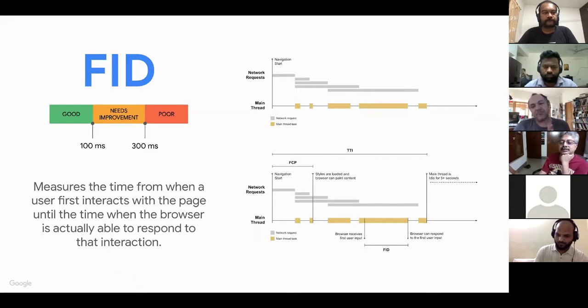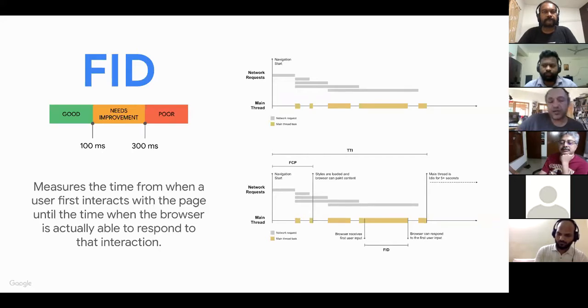What this tries to measure is how long does it take between when the user starts interacting with the page and the page responds. And it's important to understand that this is a metric that you need to measure with users, right? So it's a user metric, and the way we get it is by measuring real user interactions in the wild, using the Crux database, using the people who've opted in on the Chrome browser to send metrics back.